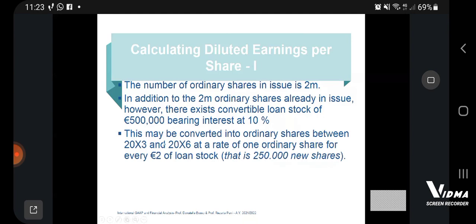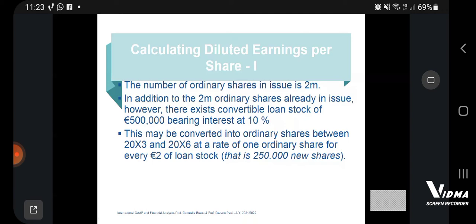This may be converted into ordinary shares between 2023 and 2026, at a rate of 1 ordinary share for every €2 of loan stock. It depends on how much loan stock you have purchased as a creditor, but at any time between 2023 and 2026, you can convert that into common stock, with this ratio, 1 share for €2 of loan stock.